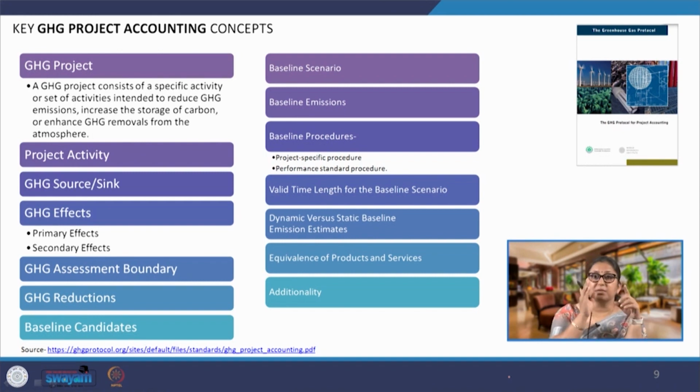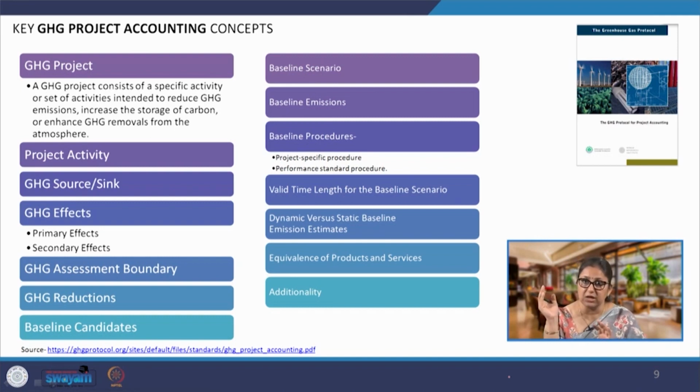However, for the baseline emissions that we will calculate and the reduction that we will show, this activity will not have any impact because we are not changing it. It is not part of the project activity, but we have to account for all the sources within the project and also the sinks. For example, at IIT Roorkee, we created a Miyawaki forest.